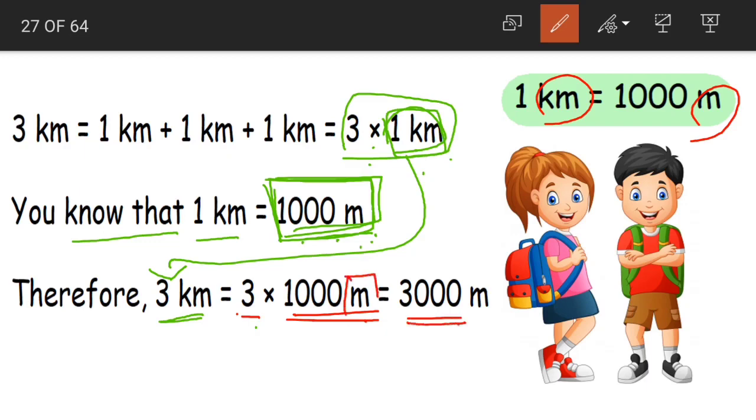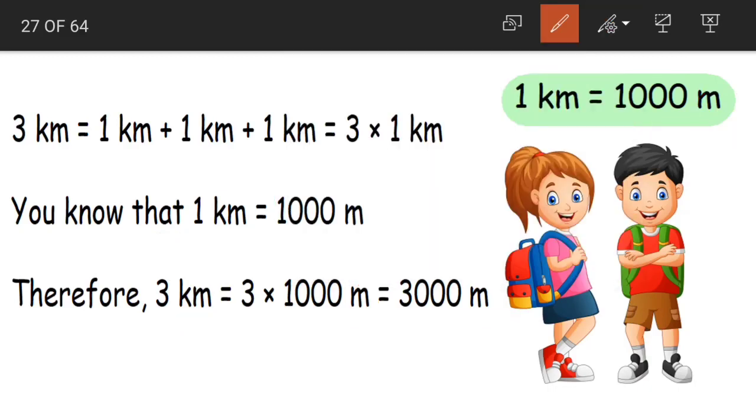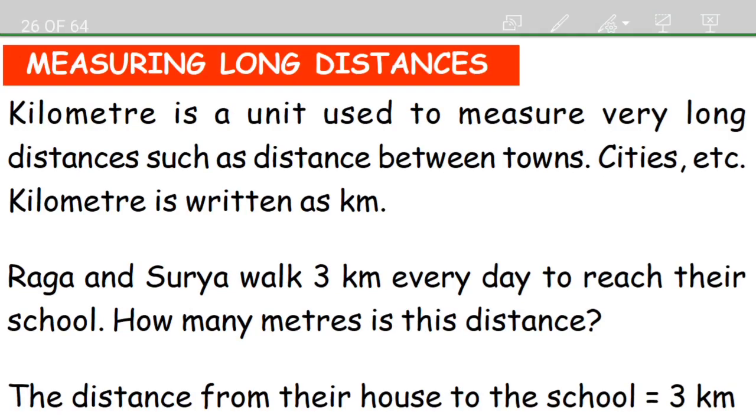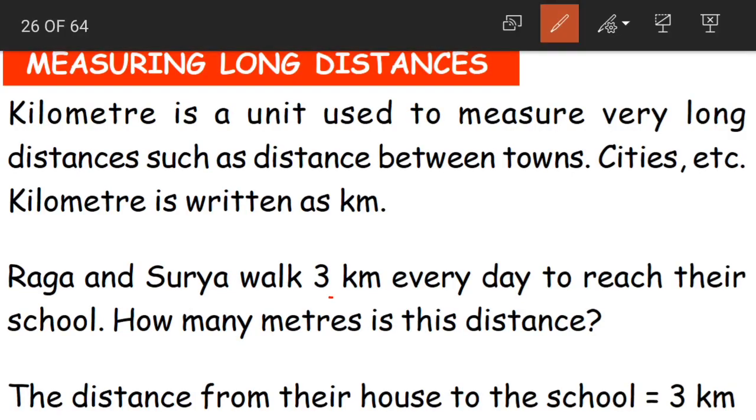And again, as I have said, the unit of measurement is very important here. The answer is now in meters, so you have to mention meters in the answer. And why did we take only kilometers and meters here? Because in the question they have clearly mentioned that the distance is given in kilometers and we have to find out the distance in meters.